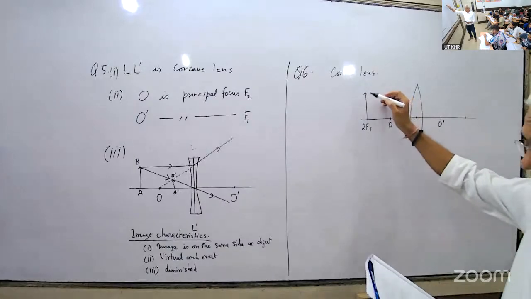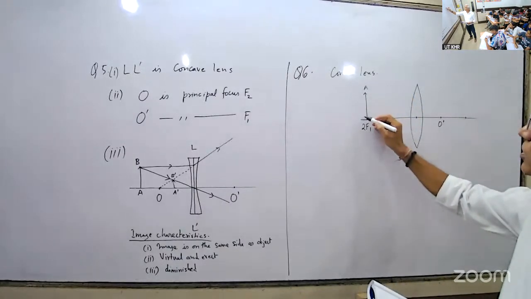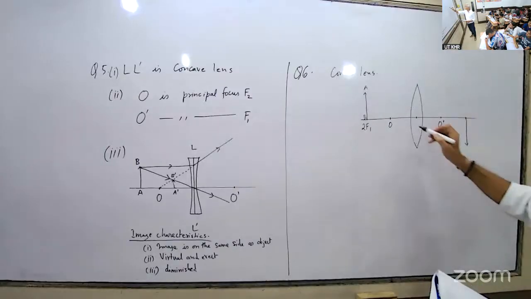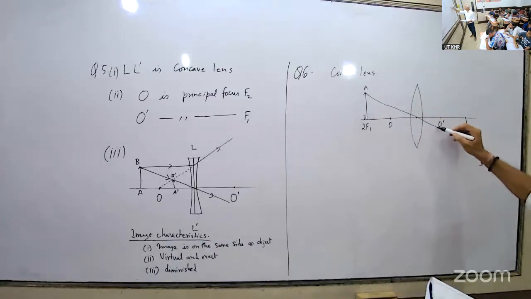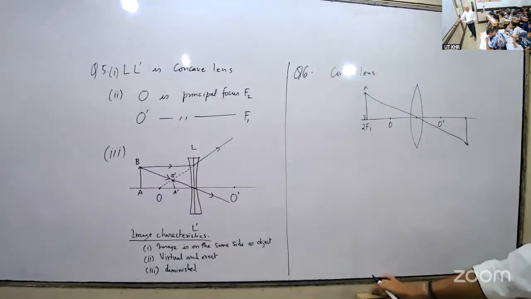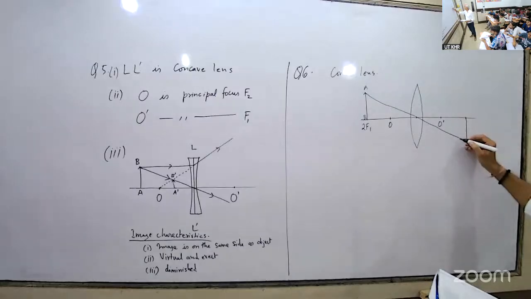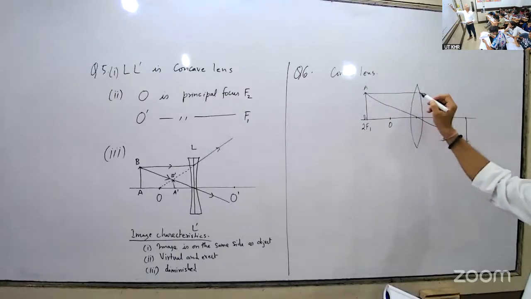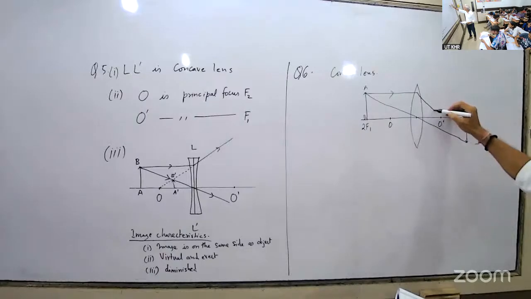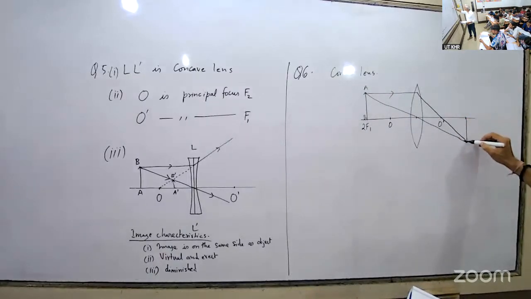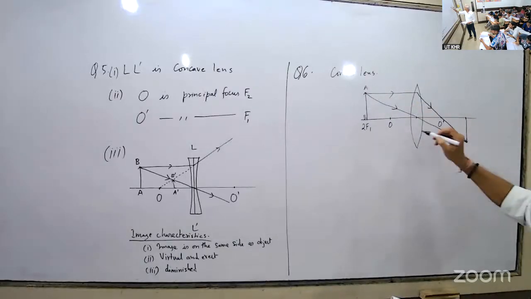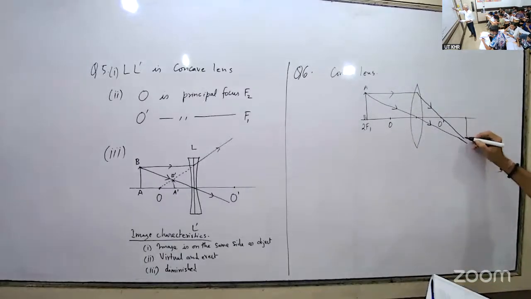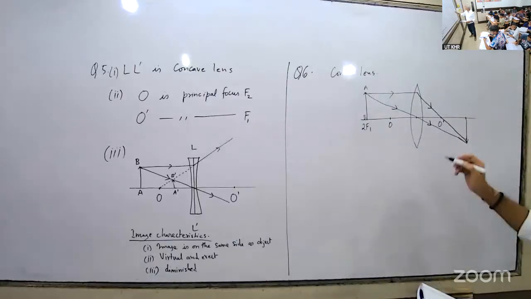So this becomes your AB. This is how you have to do it.